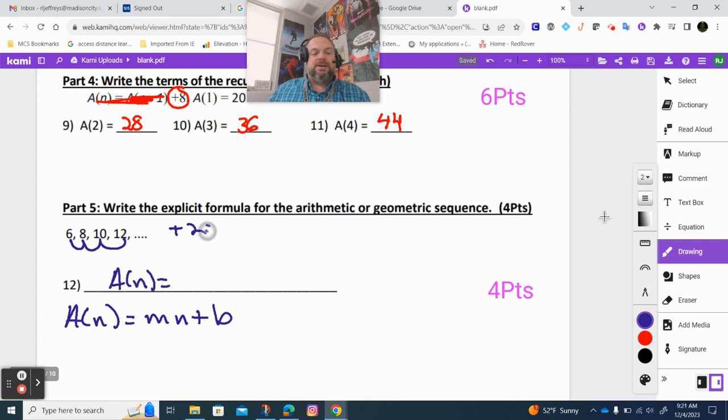This is our M. The way we would get B is we would take our first term and then do the opposite. So what is 6 minus 2? 4. All right. And that's it for our review.